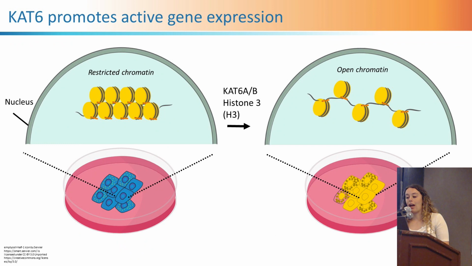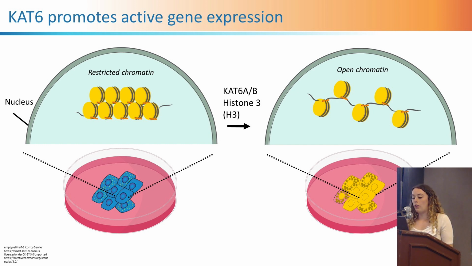So KAT6A and KAT6B are epigenetic regulators, meaning that they can add proteins to histones. And when these proteins or marks are added to the histones, they can change the formation of chromatin. So the chromatin can go from this restricted structure to an open structure. And then this is going to help make the chromatin accessible, which is going to lead to different gene expression and then cellular functions.